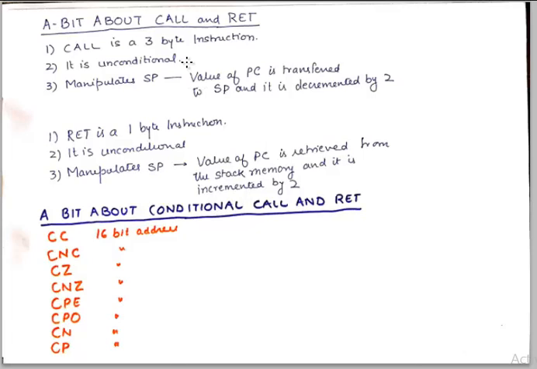But as I mentioned here, call is unconditional, return is unconditional, but we have a set of conditional calls and returns also. So if you encounter an instruction which says call if carry, call if not carry, call if 0, call if not 0, call if parity is even, call if parity is odd, all these instructions are conditional calls, and of course they are also 3-byte instructions, because they are followed by a 16-bit address where the program will jump.